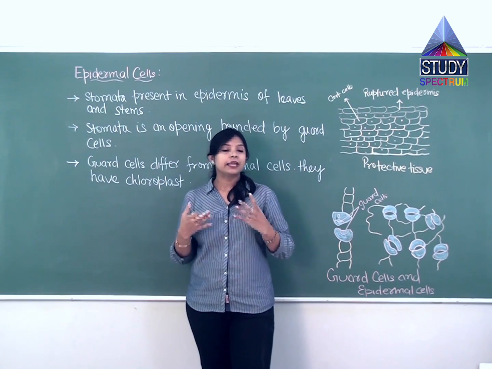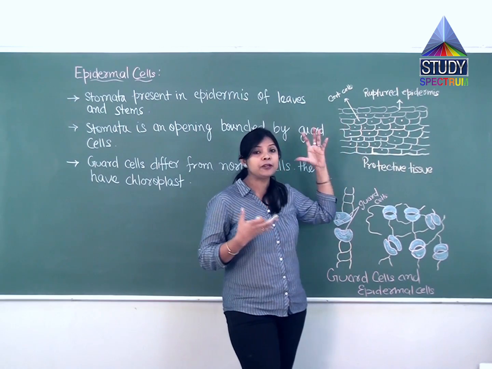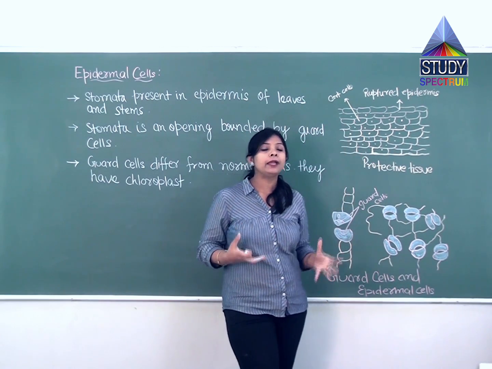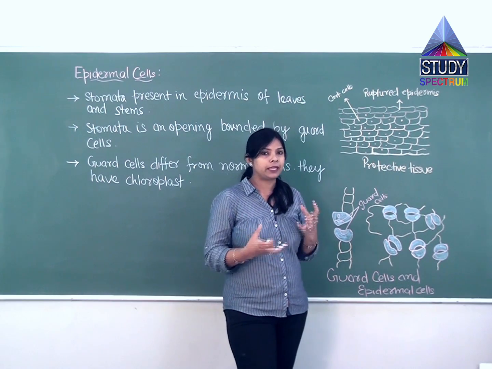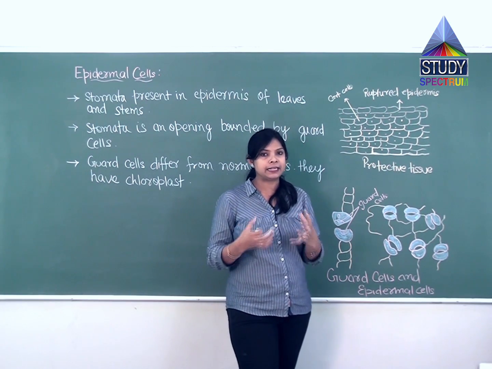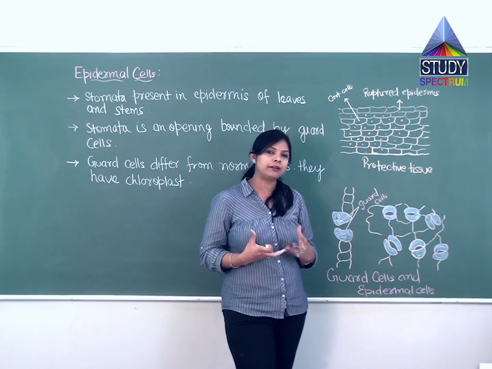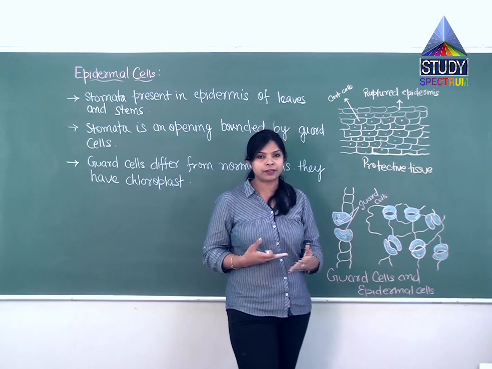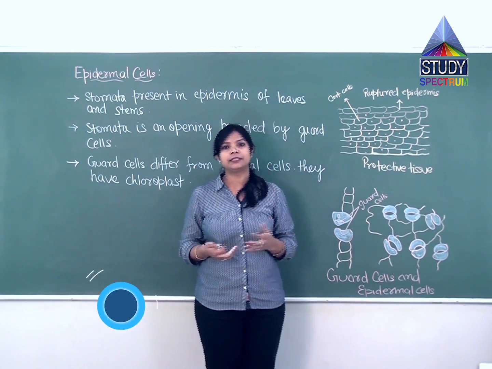Other than that, if you talk about intercellular space, there will be no intercellular space. Why? Because it is a protective cover of the body, so if the cells are densely packed, it can easily protect the plant from atmospheric temperature and other diseases, fungal infection and all other things.